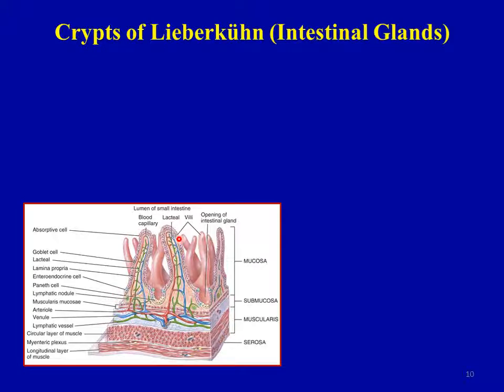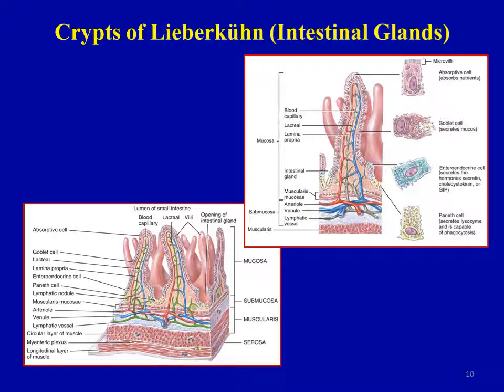You can see here the mucosa is thrown into finger-like projections. These are the villi with a core of blood vessels and lymphatics. Between the bases of the villi, we can see these small glands. These are the crypts of Lieberkühn, or the small intestinal glands, that contain different cells, as we'll see in the coming slide.